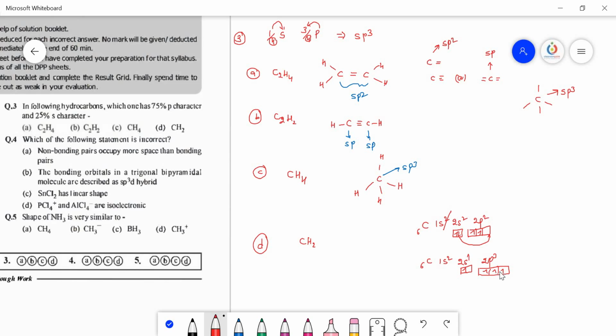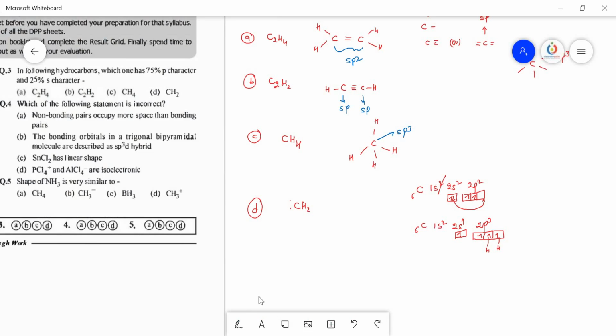So out of these 4 valence electrons, these valence electrons participated in the bond formation with the hydrogen. Just imagine, still 2 unpaired electrons are left behind, not paired. Now let's calculate the hybridization of the carbon here, using our regular formula.